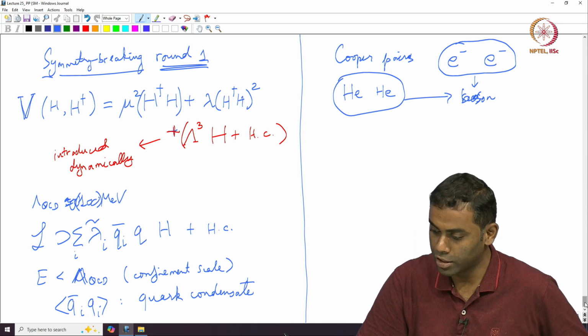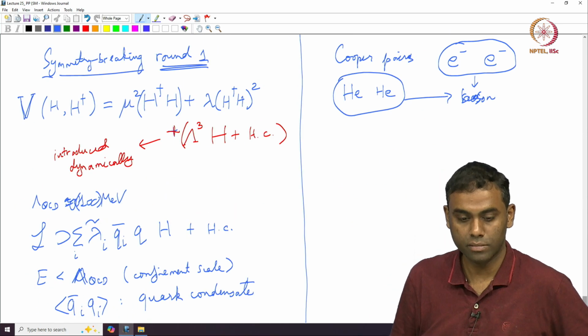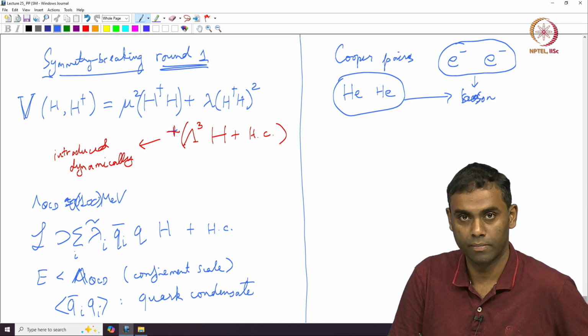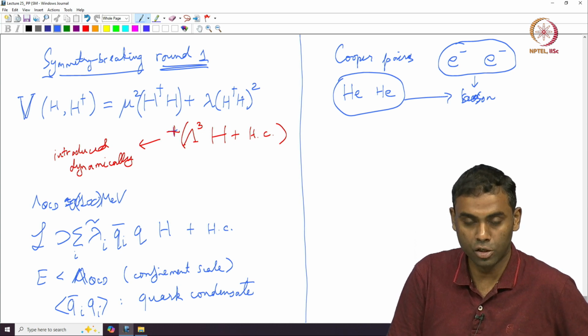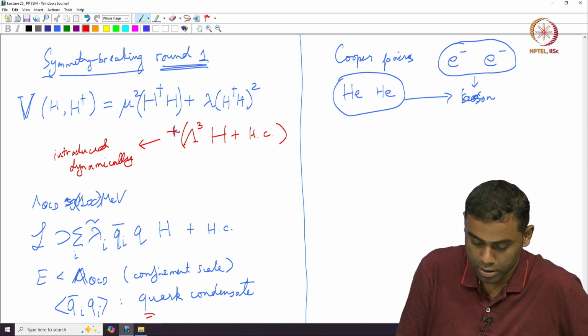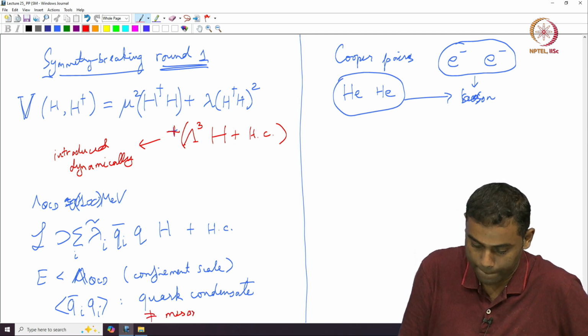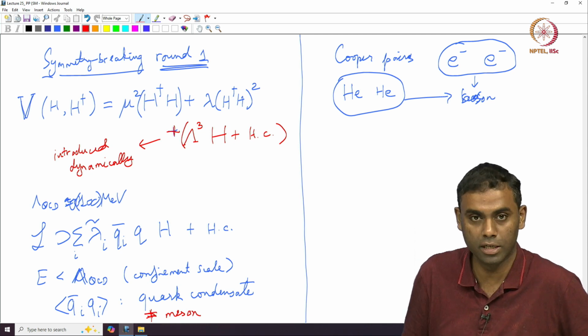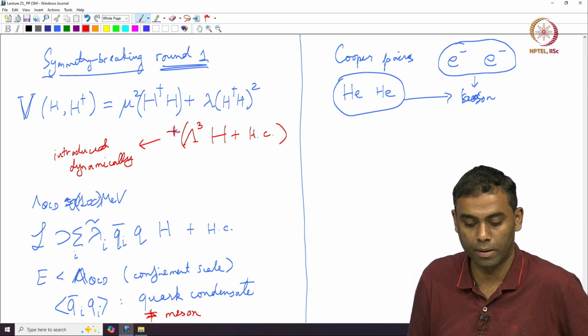Similarly, as the universe cools down, the quarks form something like a Cooper pair, okay. This is not a meson, let me write that down. Although I have written a q bar q, this is not a meson. Mesons come as a different physical concept, okay.